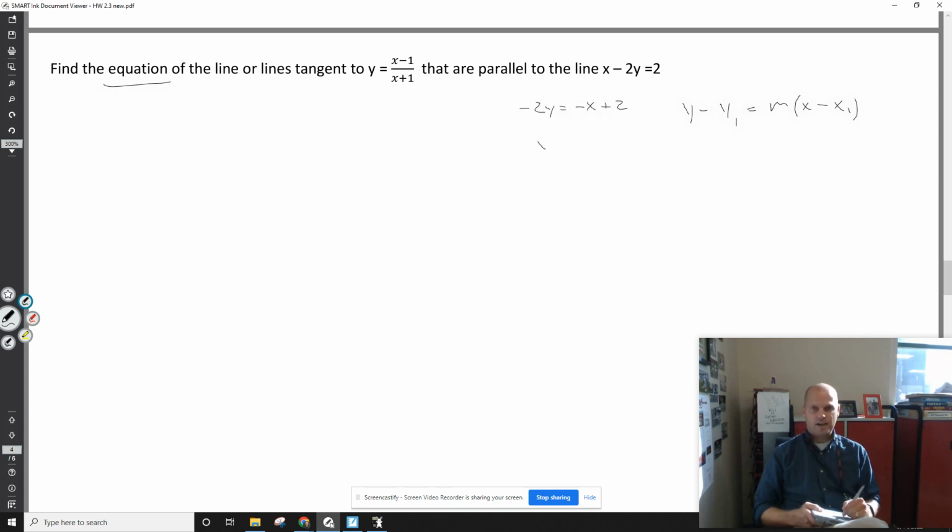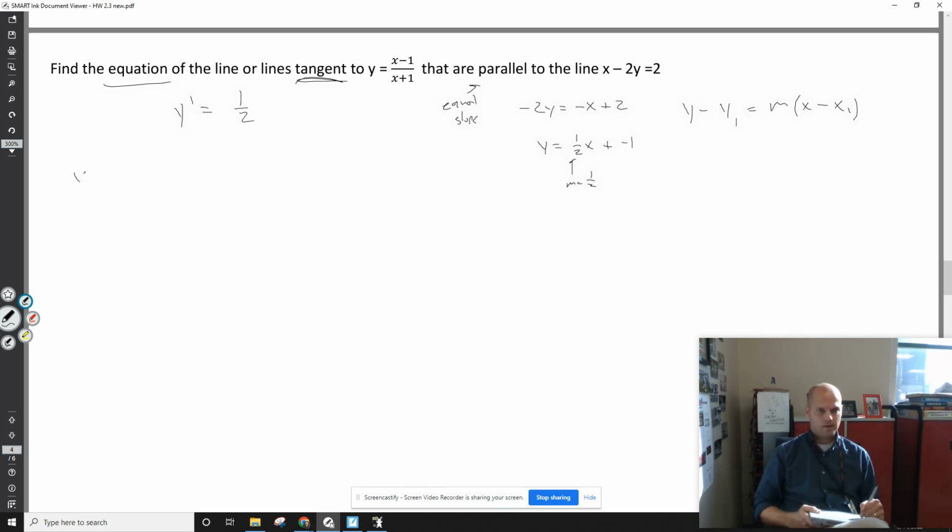Dividing by negative 2, negative 1 divided by negative 2 is positive 1/2. 2 divided by negative 2 is negative 1, that doesn't matter. We see that the slope of this is 1/2. Parallel lines have equal slopes. We want tangent lines that have a slope of 1/2. So we will figure out when this happens.